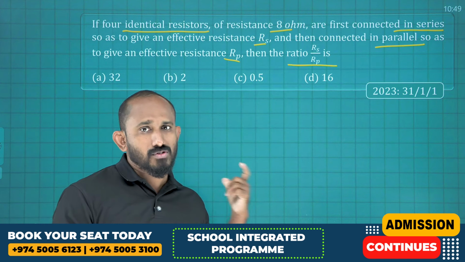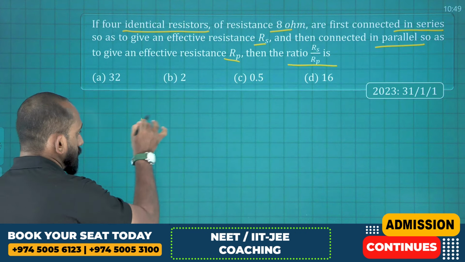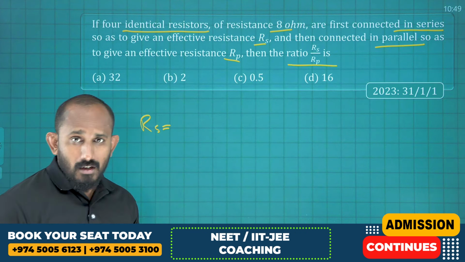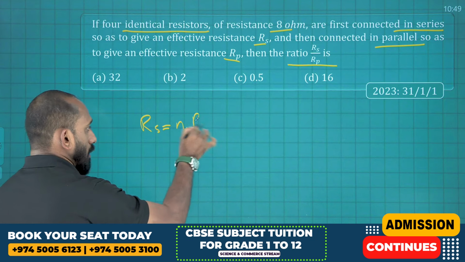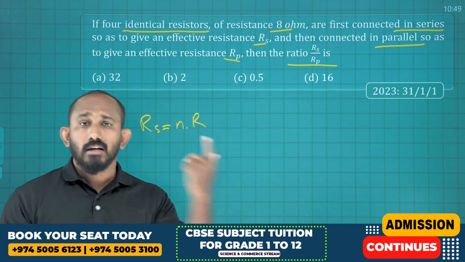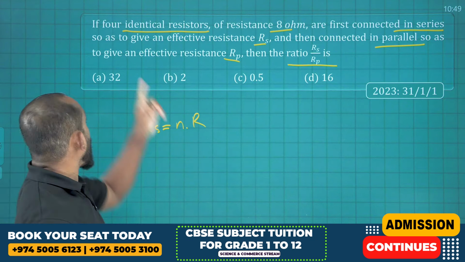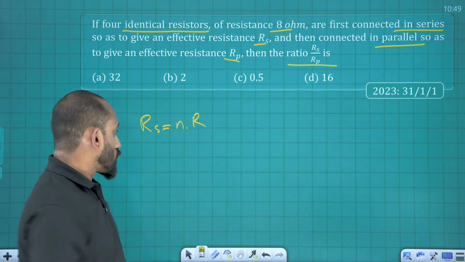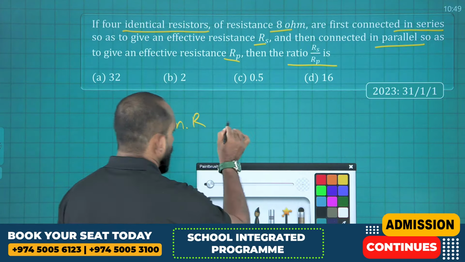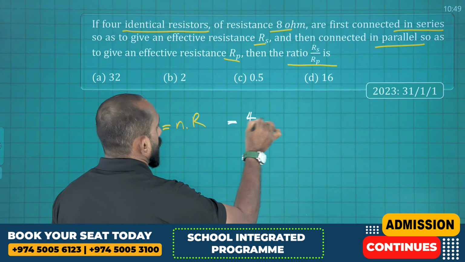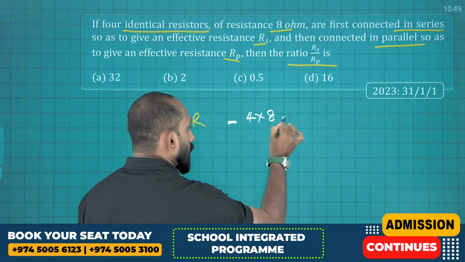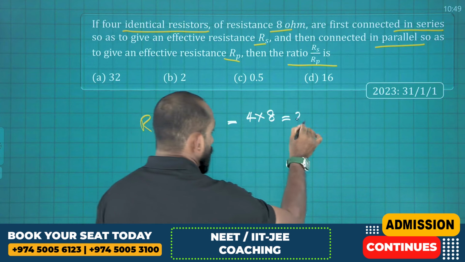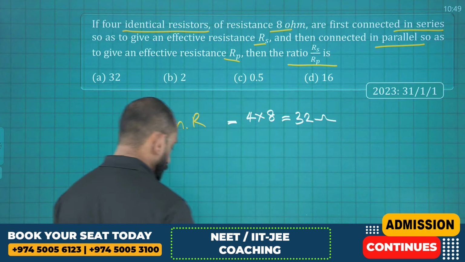We have gone through only 2 types of questions before. RS, if they are identical, is N into R, where R is the value of one resistance. We have 4 identical resistors, and one is 8 ohm. So 4 into 8, it will be 32 ohm.